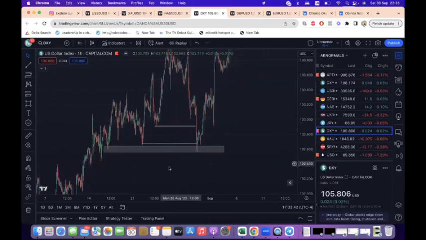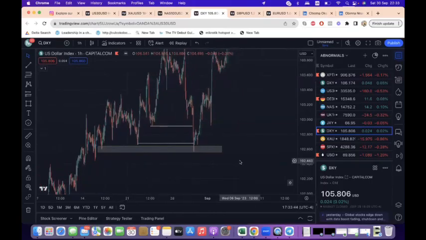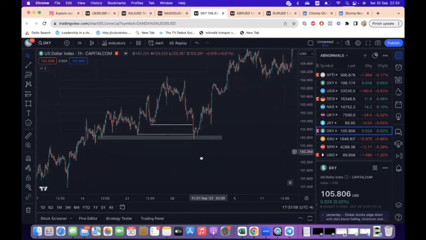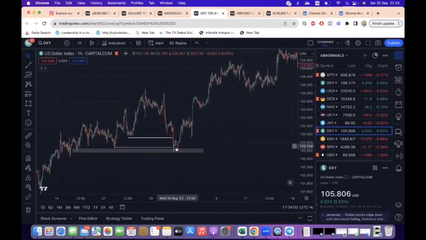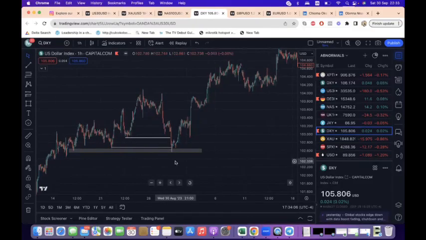But I mean, imagine the beauty of it, right? Inducement, engineered liquidity. This is where I would have entered and put my stop loss. Yes, this would have eaten my stop loss. But look at the beauty of this thing. As she goes back, you can come down to a lower time frame to actually check where she started going back from.